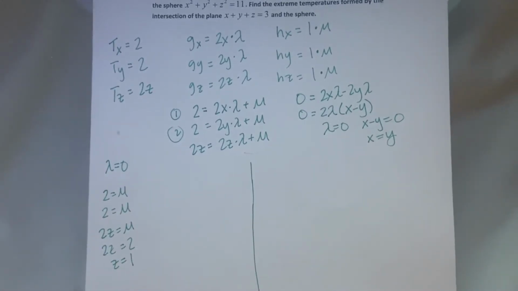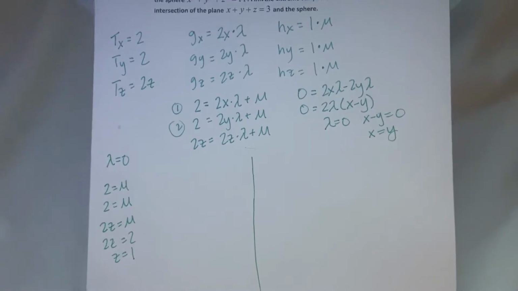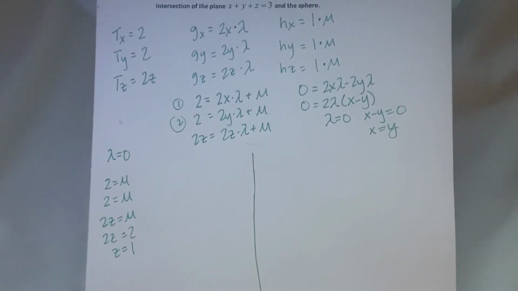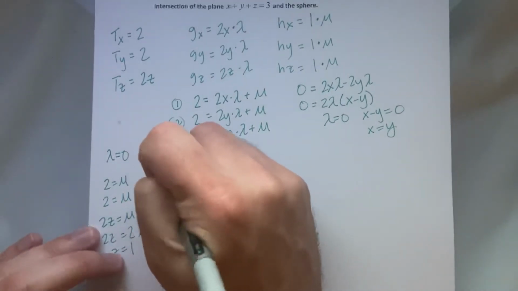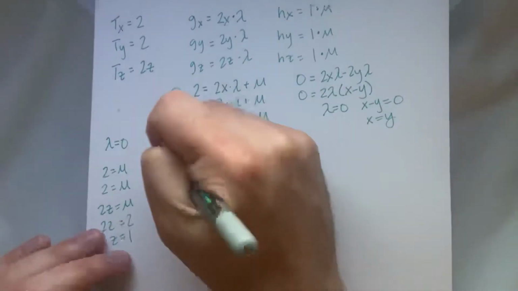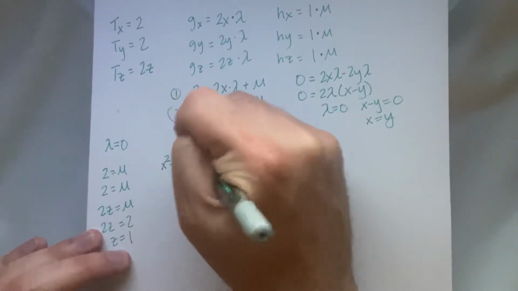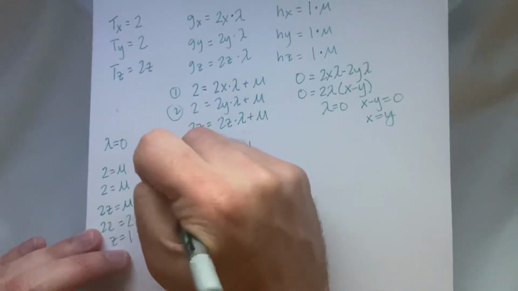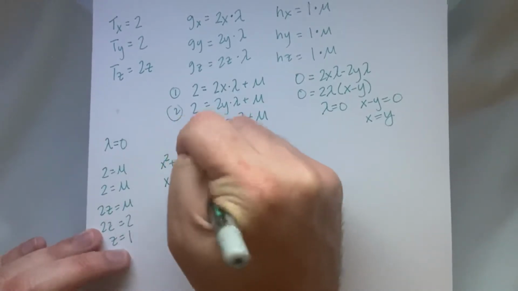Now if we look at our constraint functions, x squared plus y squared plus z squared equals 11, and x plus y plus z equals 3. Removing z and putting 1 in its place, we'll get x squared plus y squared plus 1 squared is 11, and x plus y plus 1 equals 3.